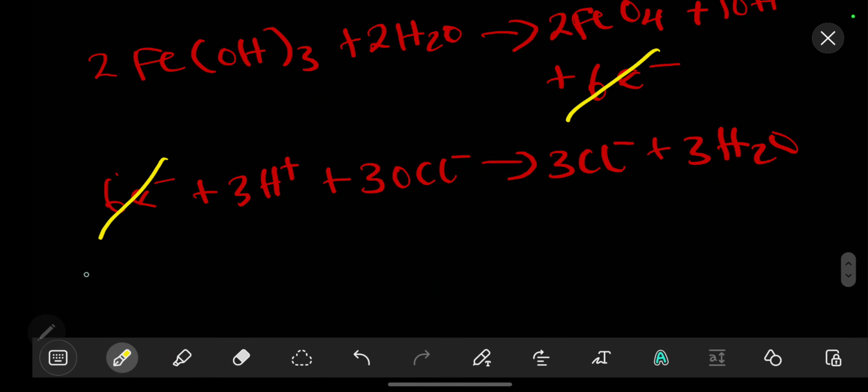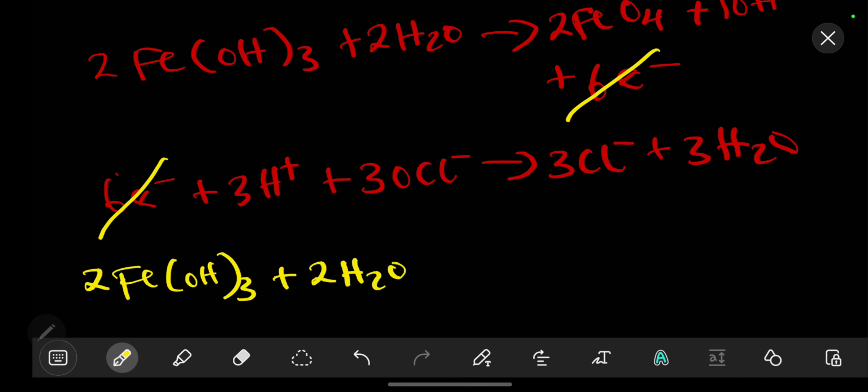So let's write what's remaining. We have our 2Fe(OH)3 plus our 2 H2O like that.